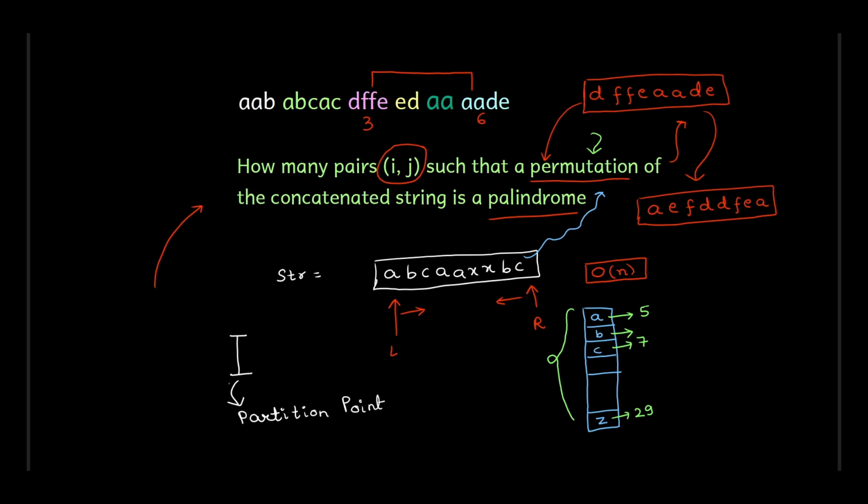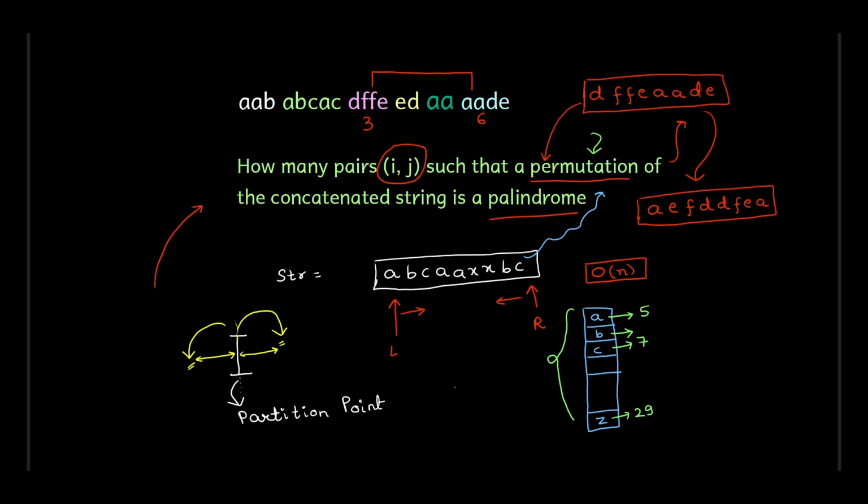Every element on the left hand side should also appear on the right hand side, because this partition point acts as the mirror. That is what a palindrome is. So if an element is appearing here, it should also appear over here at the same distance.